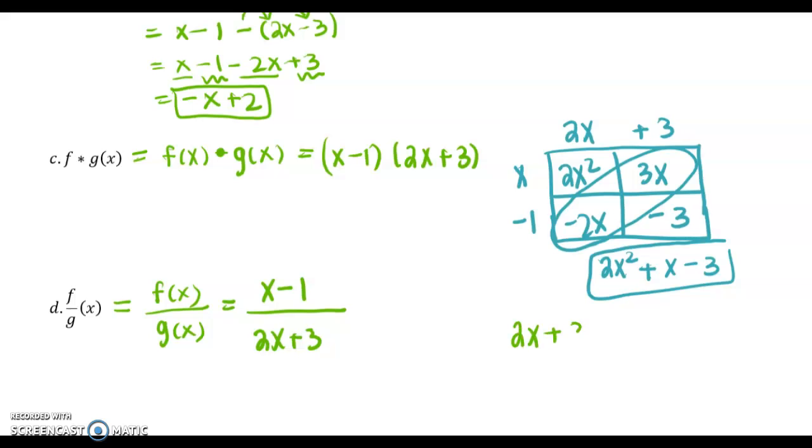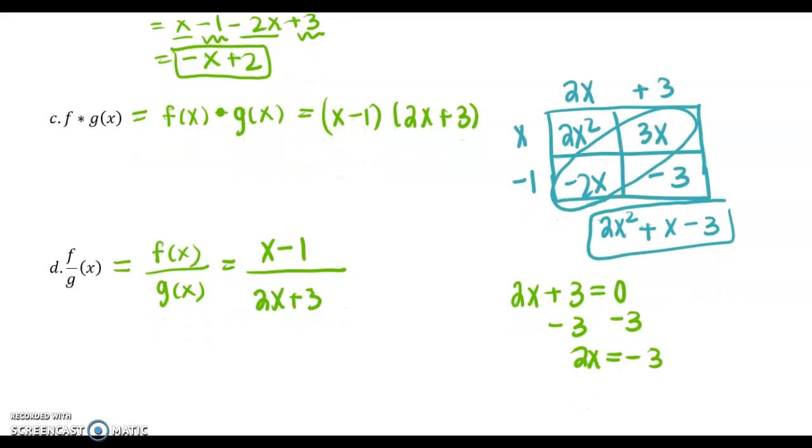So we're actually going to set it equal to 0 and see what value we get. Minus 3 divided by 2. So next to that function, we're going to say x cannot equal negative 3 over 2, because if it is, then the denominator will be 0.